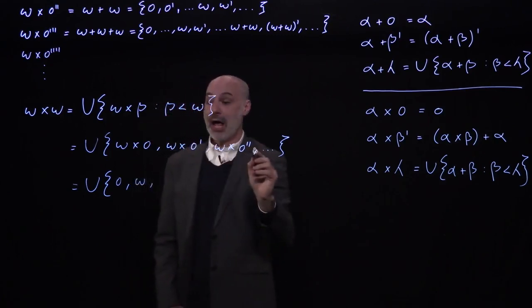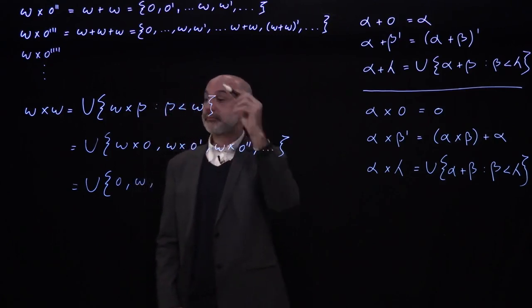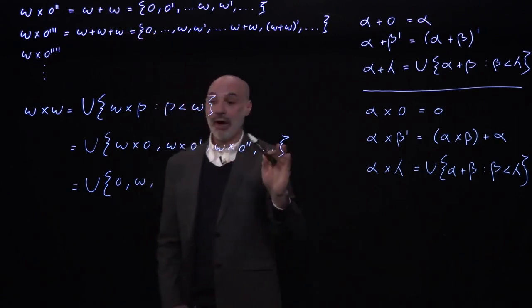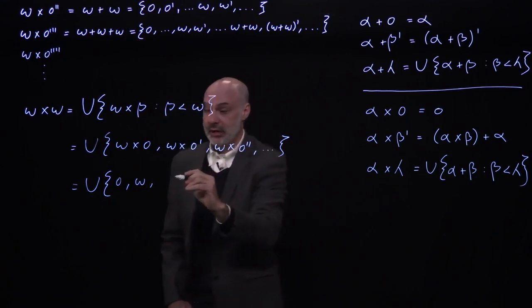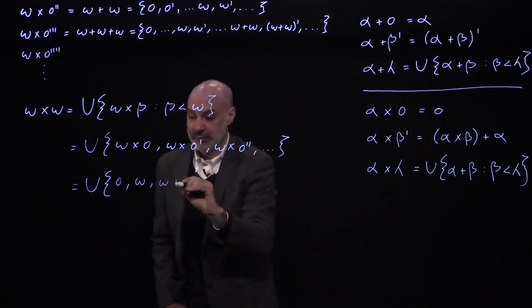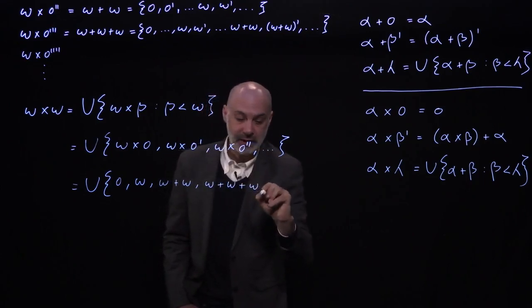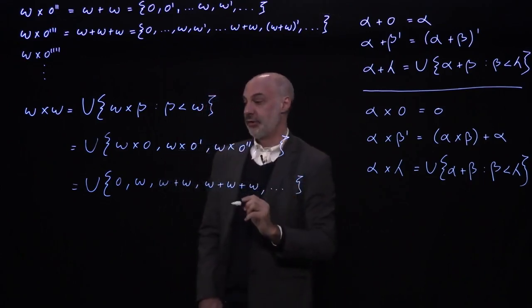And then from this point on, we've actually managed to derive what these sets are. So we have omega plus omega, omega plus omega plus omega, and so forth.